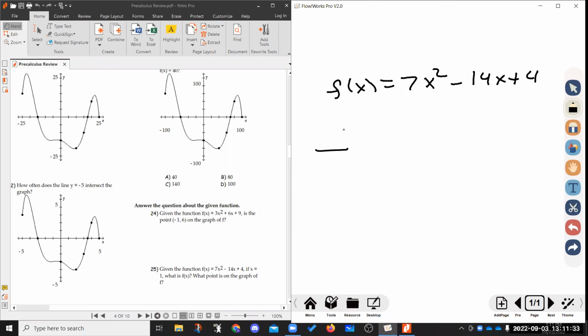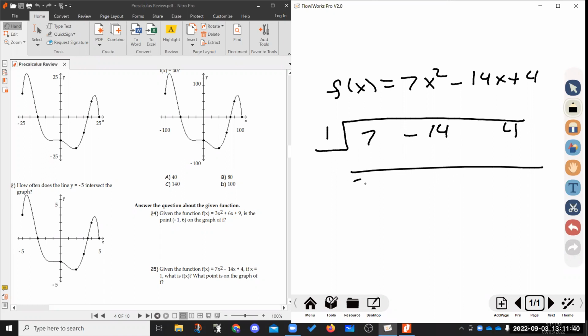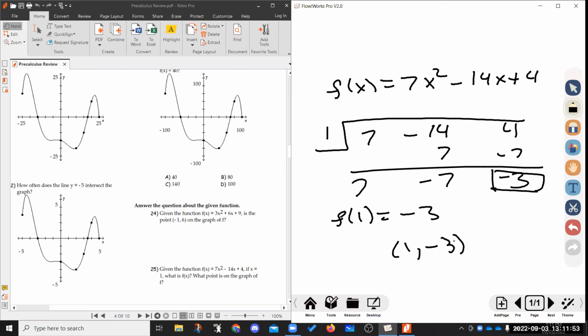Well, I'm going to use synthetic division. So if x equals 1, 7, -14, 4, 7, 7, -7, -7, -3, f of 1 equals -3. What is the point on the graph? 1, -3.